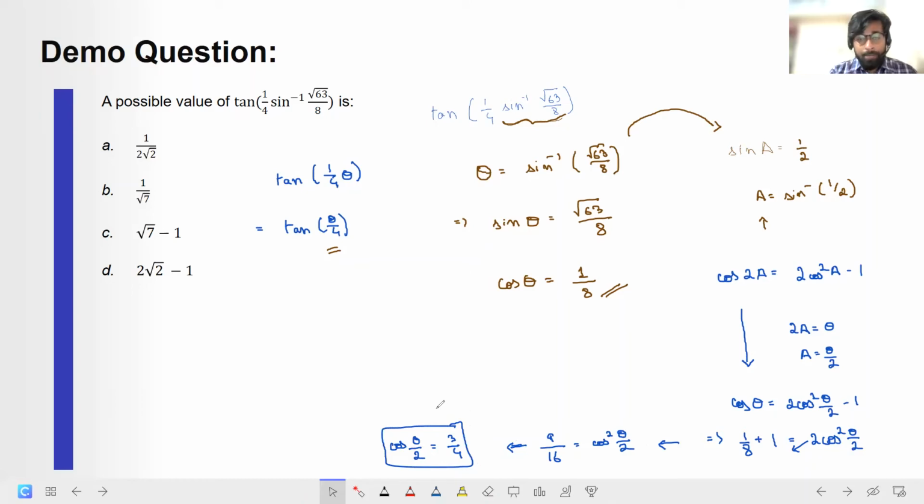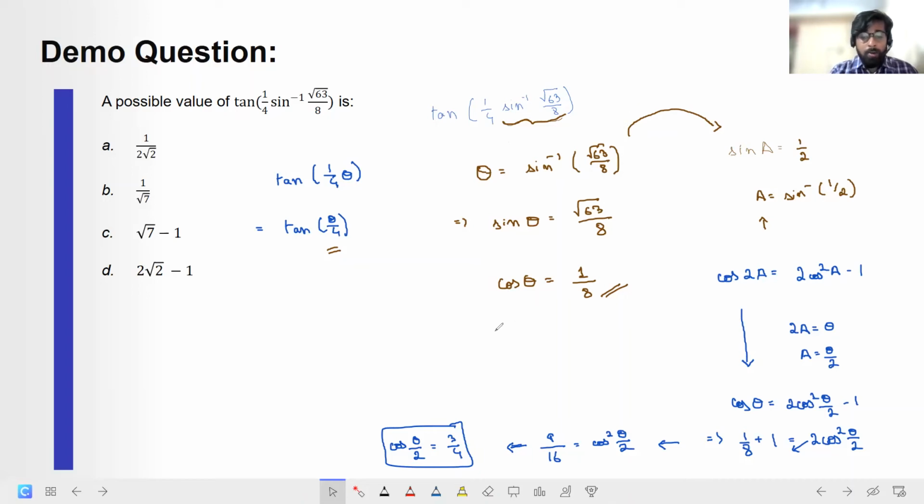So again, we'll use the same kind of formulas. Cos twice a, tan twice a, sine twice a. All of these formulas, cos a and cos twice a are related. Similarly, sine twice a and sine a and tan twice a and tan a are related as well. You need to remember what all of those are.